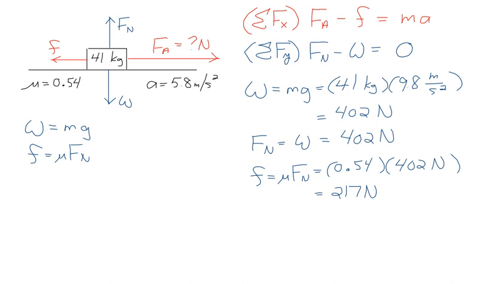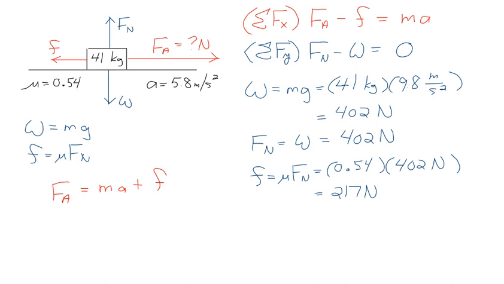If you look here, I now know that, I know A, I know M, and I know friction. So the only thing I don't know is the applied force. So if I move this to the other side, I have the answer. So I guess I'll do it over here, so I've got more room. I'll do it in red, so the applied force is going to equal MA plus friction, because I'm just going to move the friction to the other side.